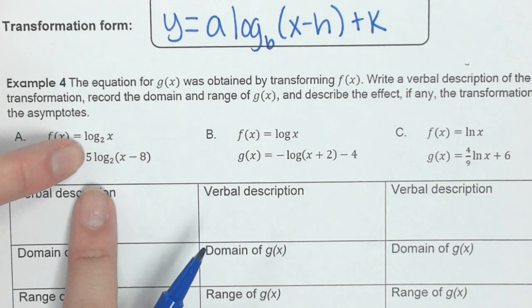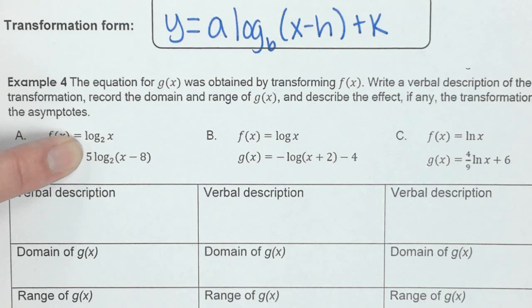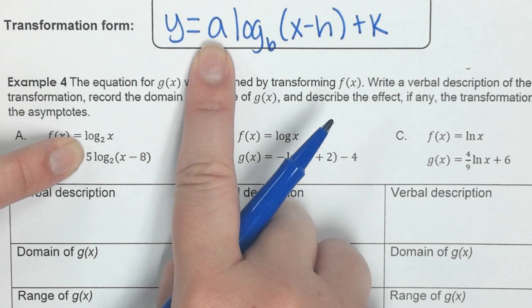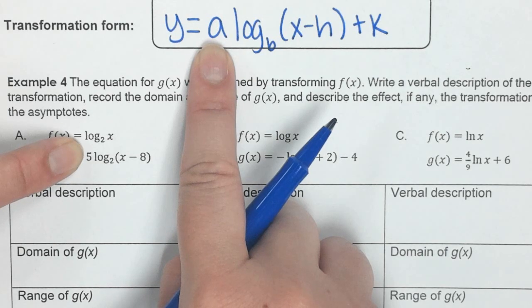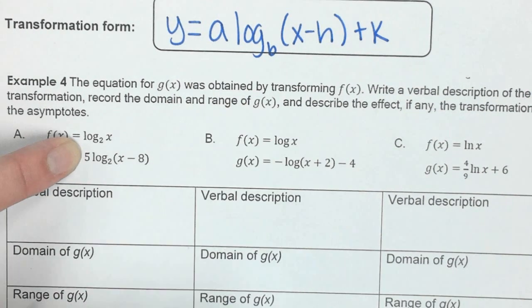Okay? So we need to first look at this 5 in front. What's that 5 doing? 5 is the A, right? What's the transformation that 5 is doing to this function?